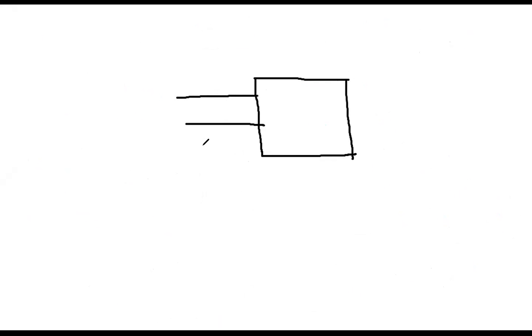So what we are talking about, just for example, this is a transformer, which I'm drawing in a box format. And this is the three-phase terminal of the transformer. This is the transformer. And now you have these lines.